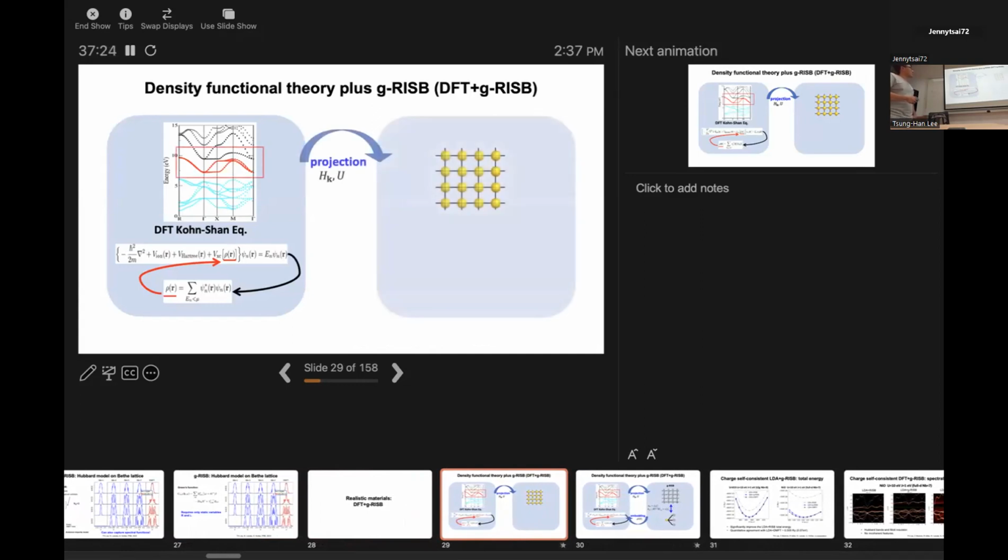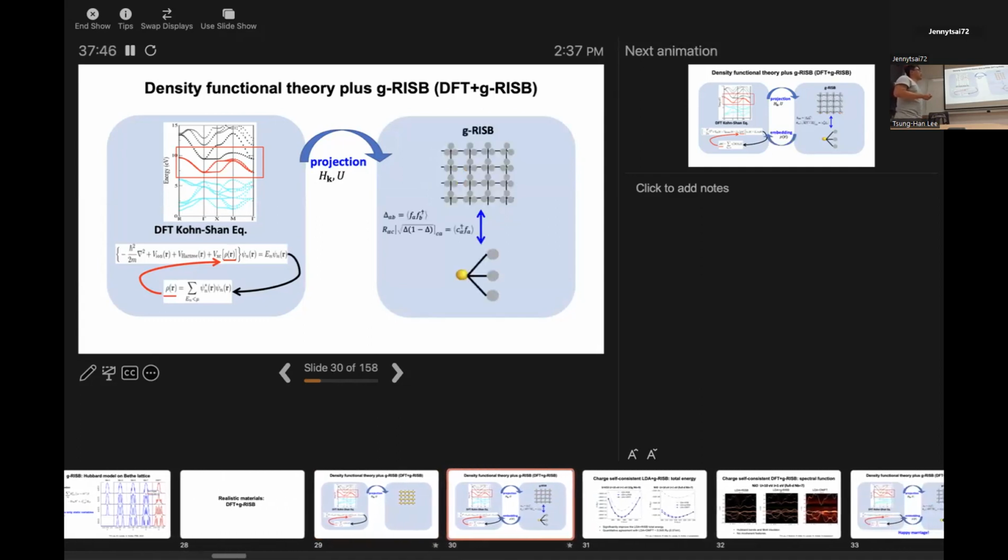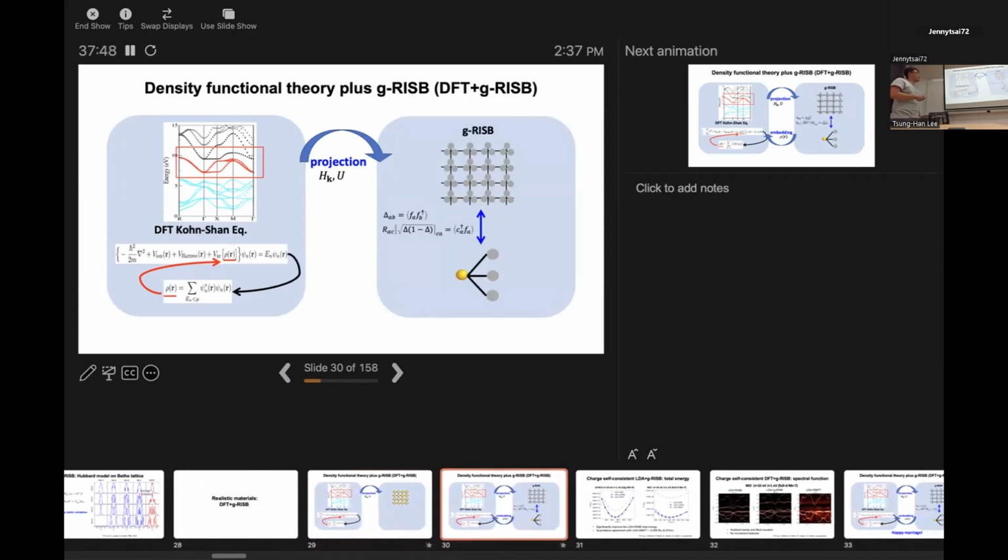Then we can pick energy windows by selecting several bands in this band structure, and then construct some low energy Hamiltonian, which is the hopping term and the U tensor. And we can construct this interacting lattice model. Then this interacting lattice model will be solved by our ghost Gutzwiller again.